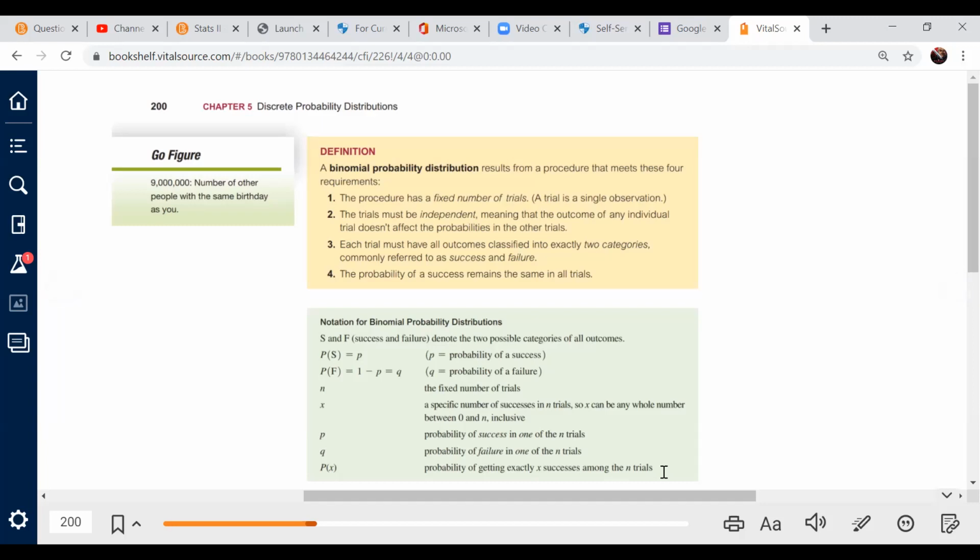The trials must be independent, meaning that the outcome of any individual trial doesn't affect the probability in any other trials. Each trial must have all outcomes classified into exactly 2 categories, commonly referred to as success and failure. And last, the probability of a success remains the same in all trials.